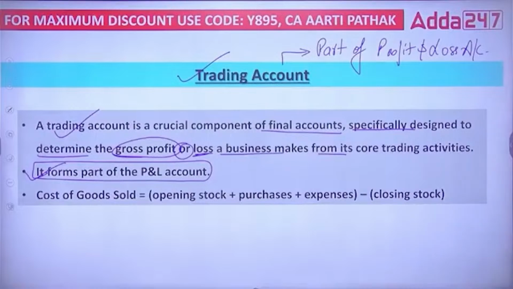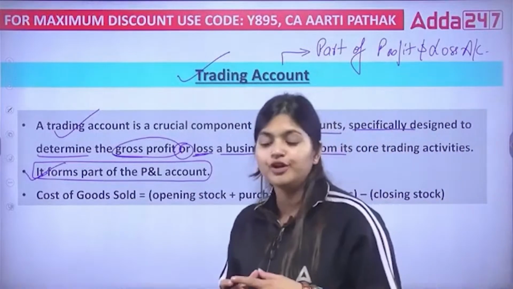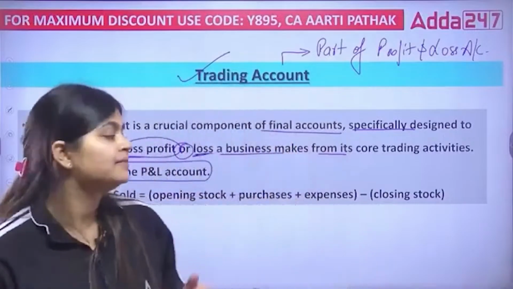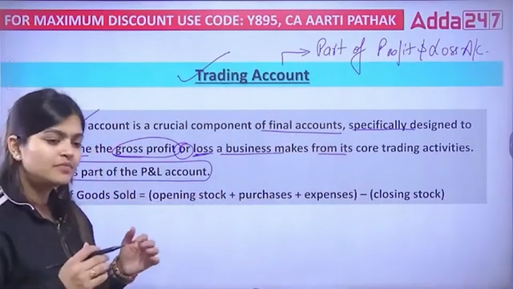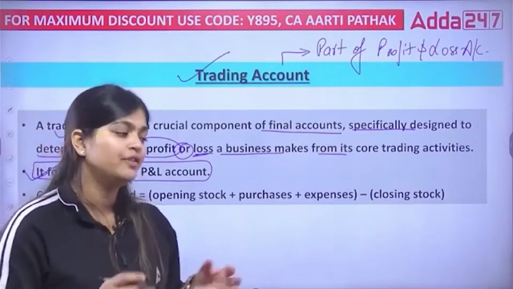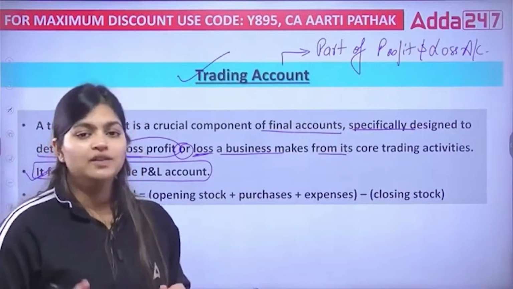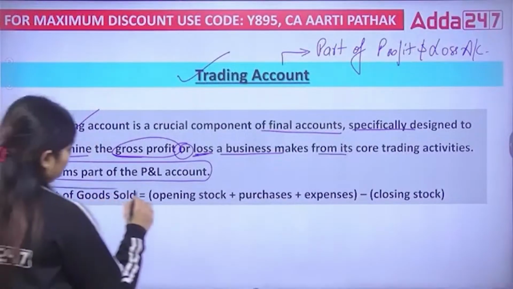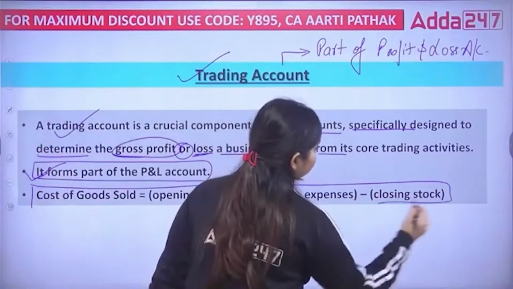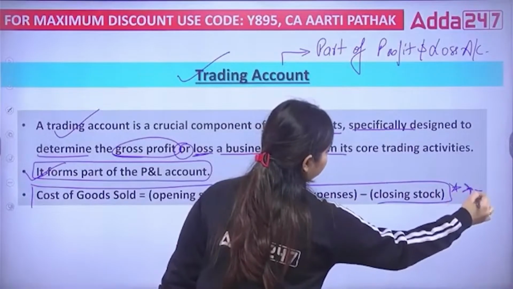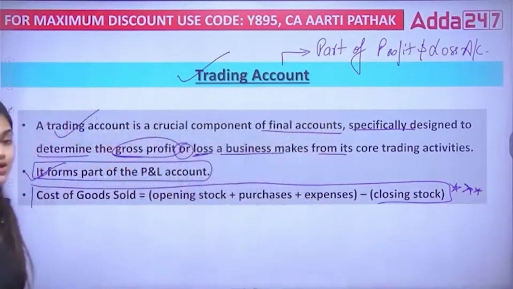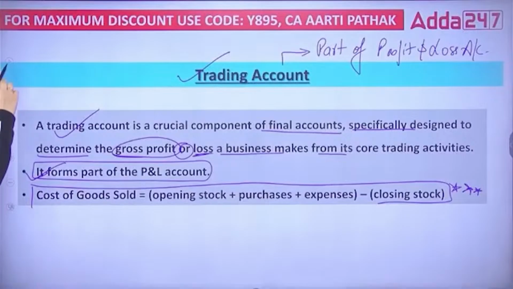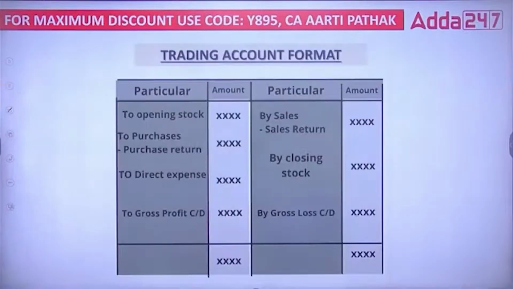It is a part of your final accounts, made for calculation of gross profit or gross loss. Now you have one very important formula, cost of goods sold. Let's talk about it later, but first let's see how to prepare a trading account.